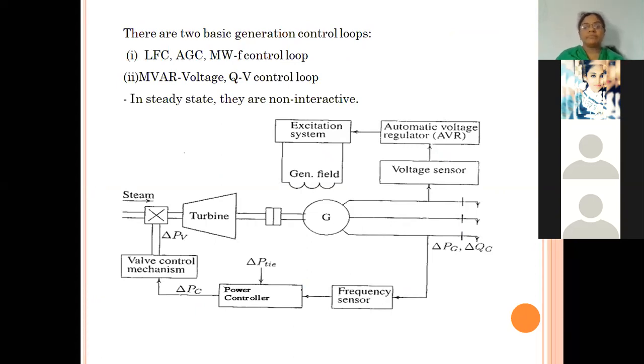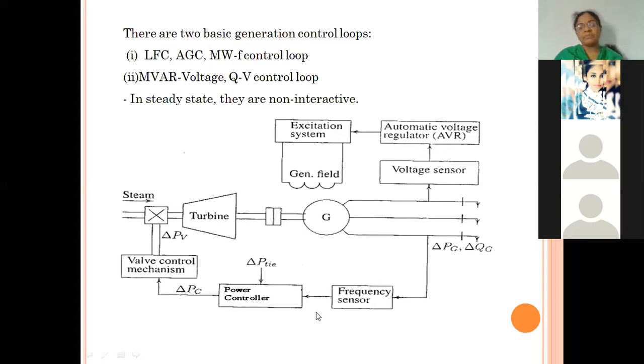So here we are having two loops. Last time I explained the frequency loop and the voltage loop. Here the frequency is controlled, and this is the feedback, closed loop, right? If there is any change in frequency, the generation is also changed. If there is a rise in frequency, then the generation has to be decreased.